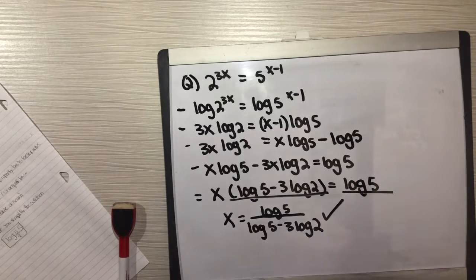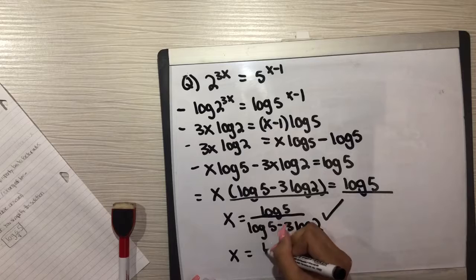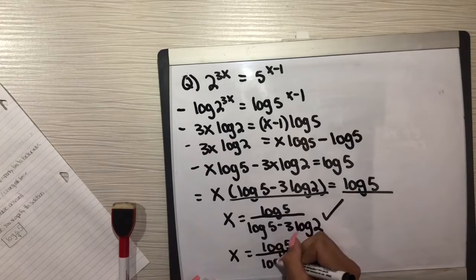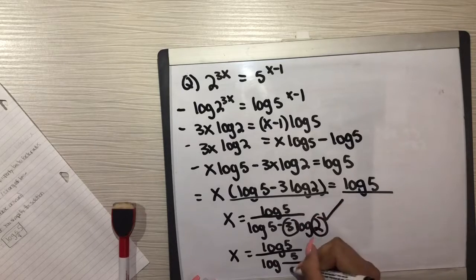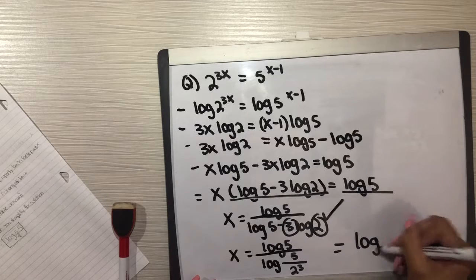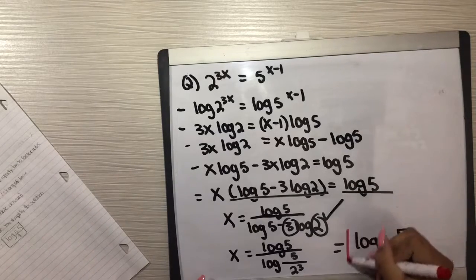Now this is an acceptable answer, but to go further you have to simplify the solution, where you get x equals log 5 over log of 5 over 2 to the power of 3. And you get x equals log 5 over log of 5 over 8. And that is your final answer.